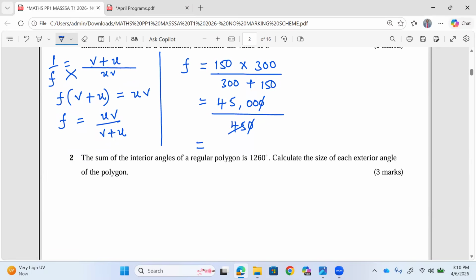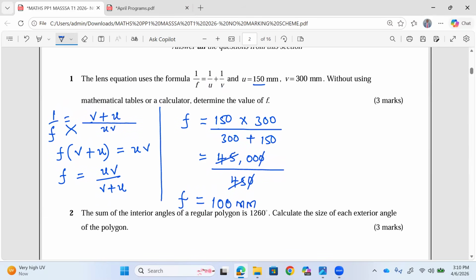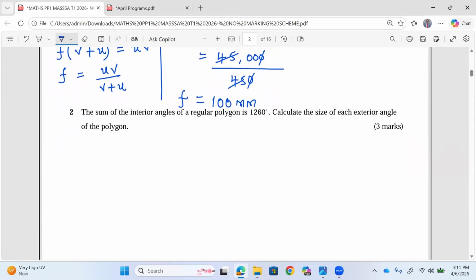Then by 45, 1 by 4500. Look at that, the value of f when u equals 150 and v equals 300, without involving the calculator or the four-figure tables anywhere, is exactly 100 millimeters.